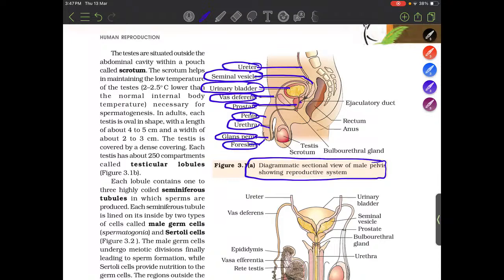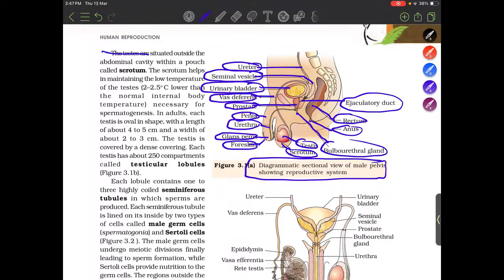This is ejaculatory duct, and this is rectum, and this is anus, and here is testes, and it is scrotum, and here is bulbourethral gland.